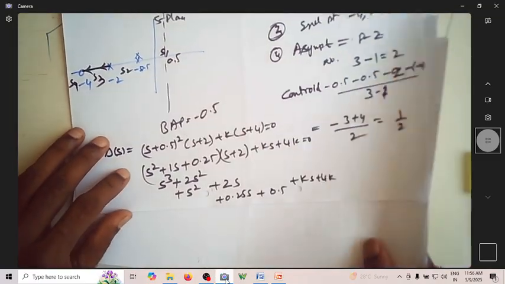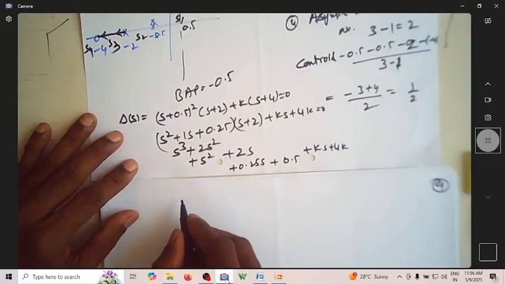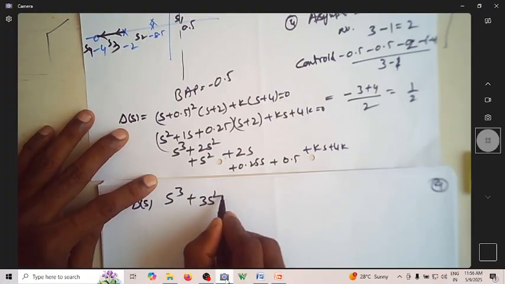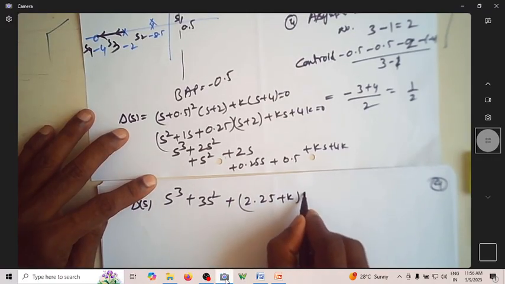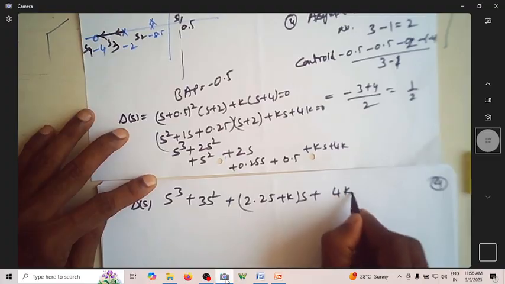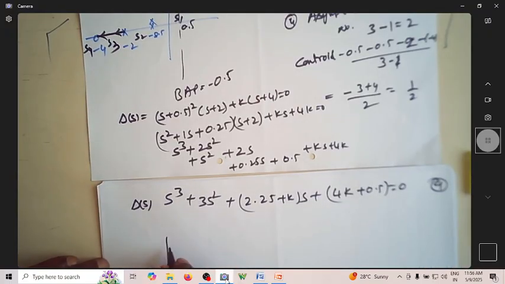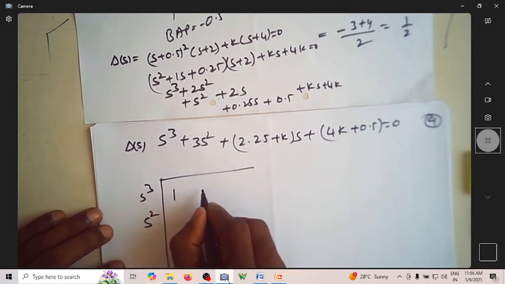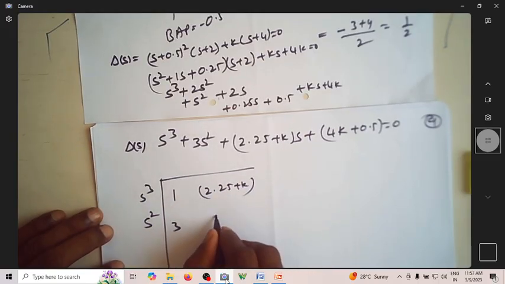Upon simplifying, this will become s cube plus 3s square plus (2.25 plus K) into s plus (4K plus 0.5) equal to 0, which is your characteristic equation. Then in the Routh array, s cube is 1, 2.25 plus K. S square is 3, 4K plus 0.5.